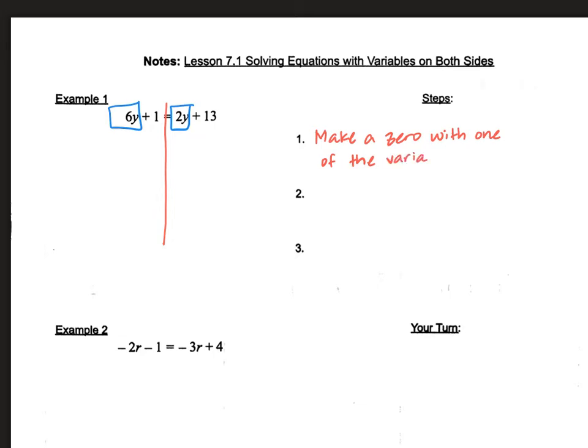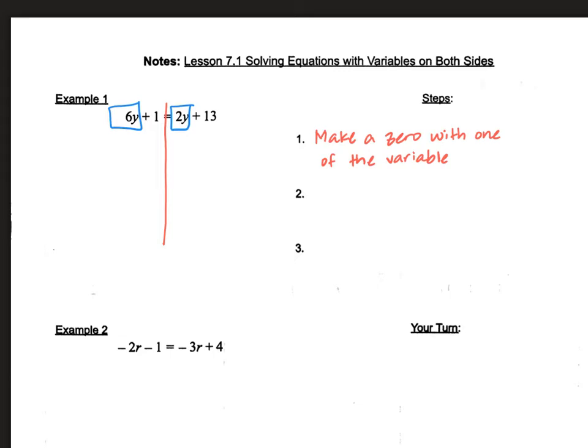And remember, the way that we make a 0 is by adding or subtracting in order to get rid of it. I always suggest choosing the one that is smaller. So if we have 6y on the left, 2y on the right, the 2y is the smaller one.